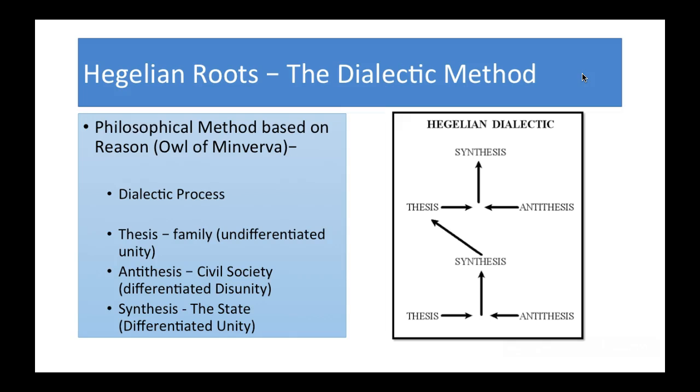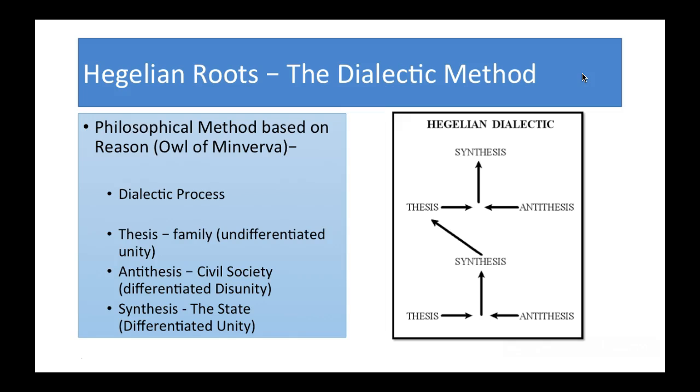The idea is that there's a world spirit that is at work in history, and through the use of dialectic, one can begin to understand this idea of the world spirit that's at work in history. Let's look at the dialectic process, and I think that an example will help us understand what that is. So the idea is there's a thesis.